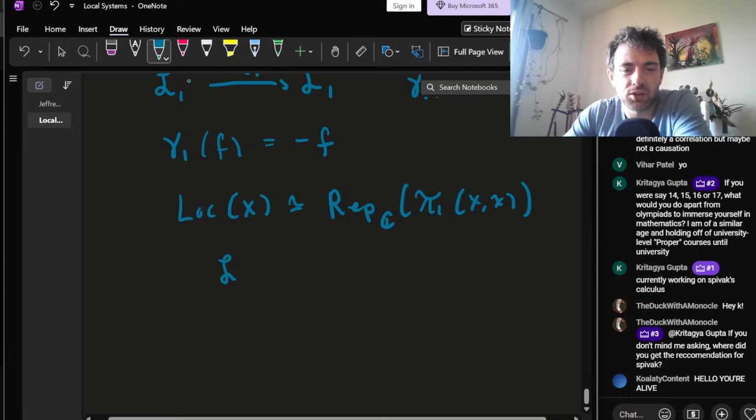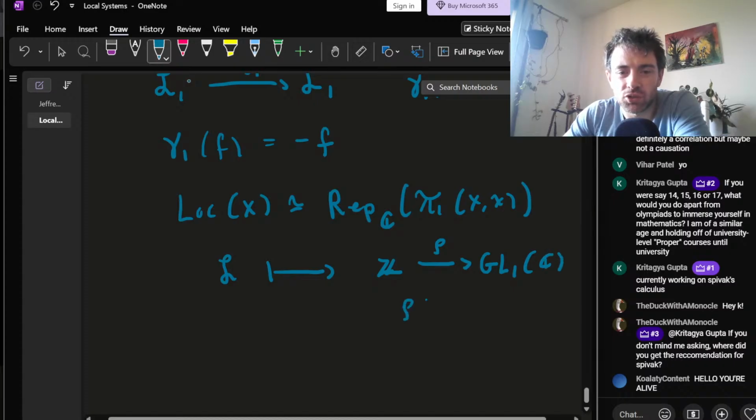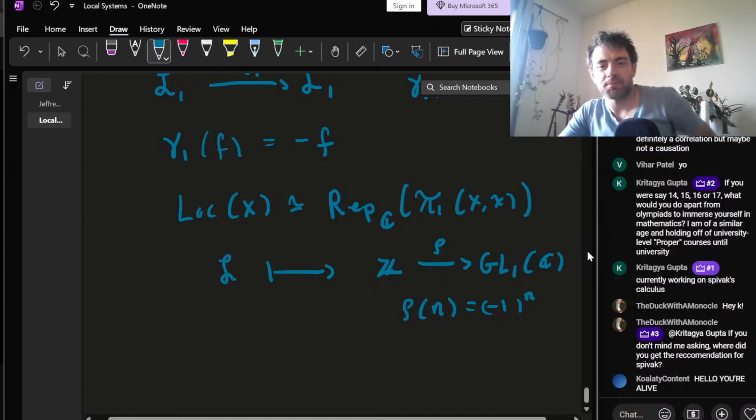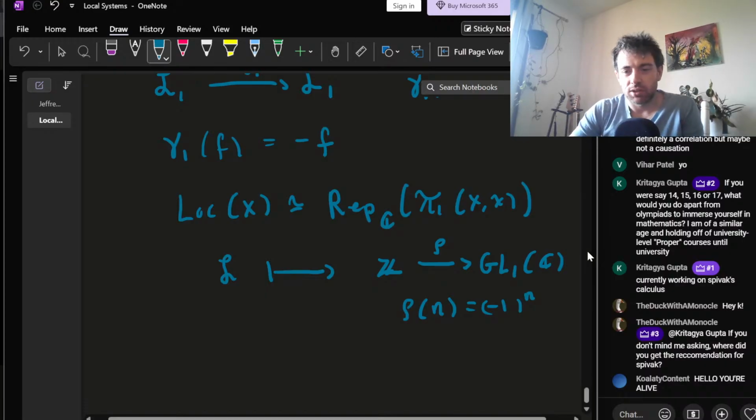Then the square root local system exactly gets sent to the representation of the integers, which just sends an integer to minus 1 to that power. And that's it. And we're done.